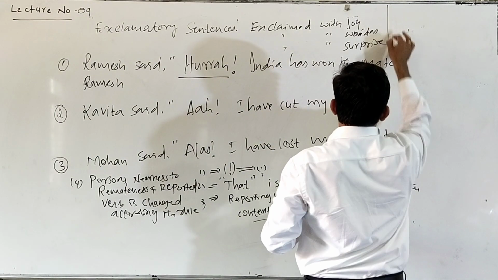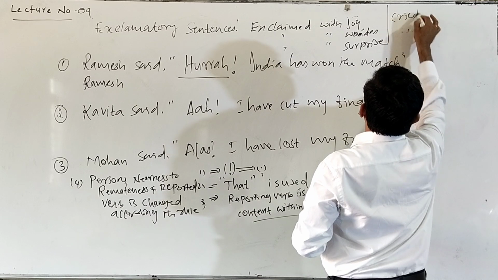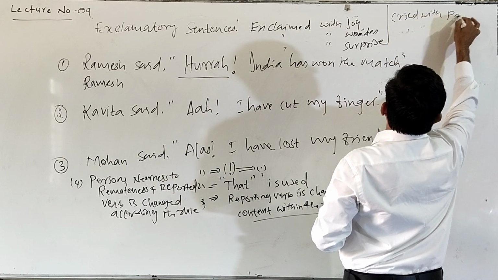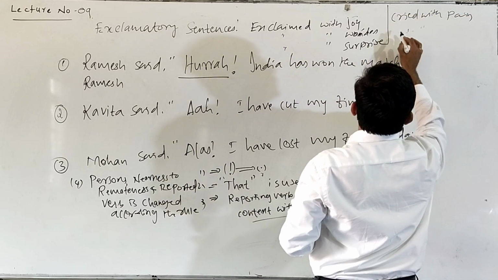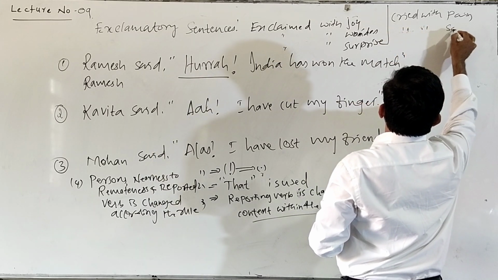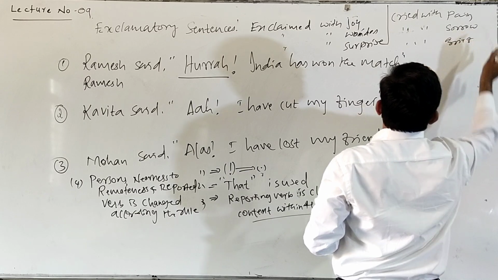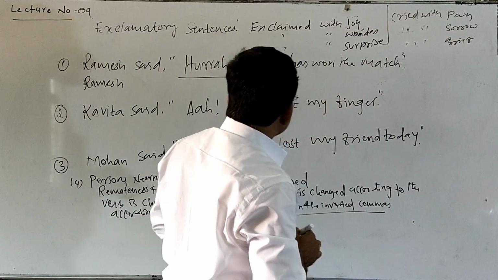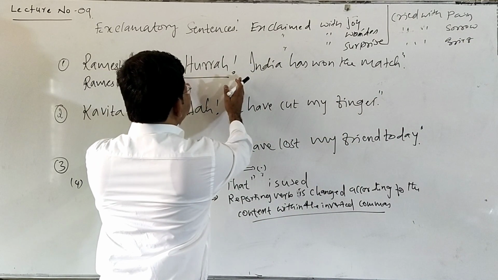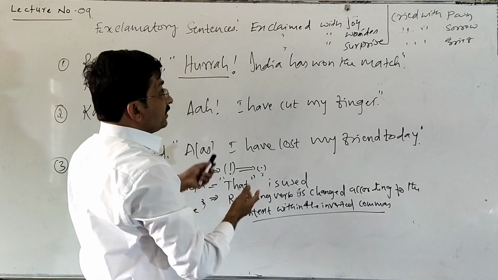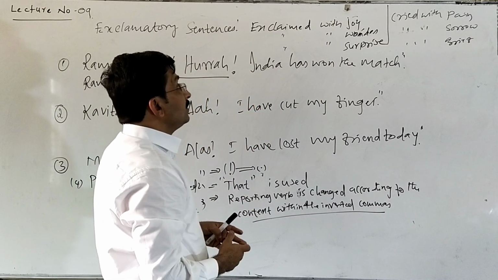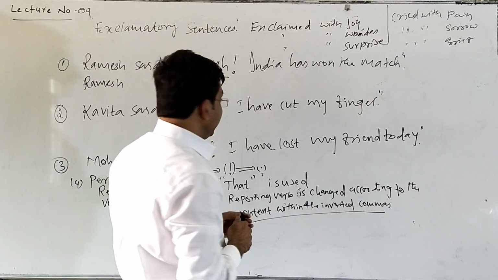Then another case: cried with pain, cried with sorrow, or cried with grief. You can write that. And what is there here? Exclamation. There is no pain, there is joy.